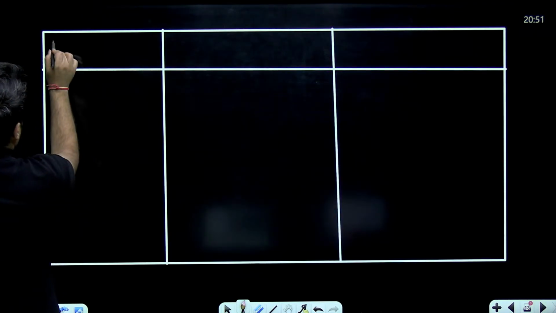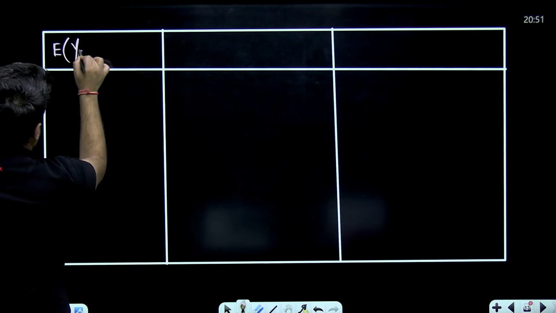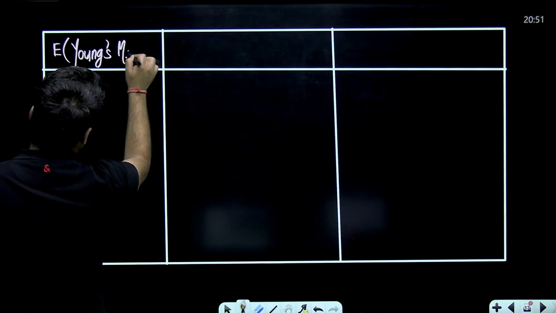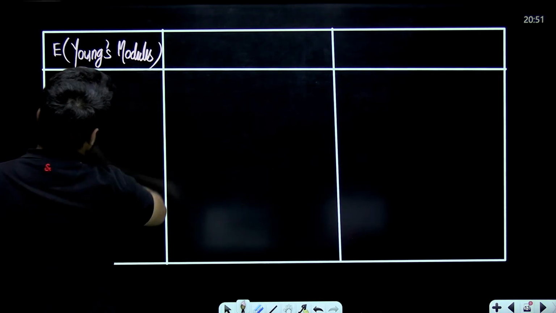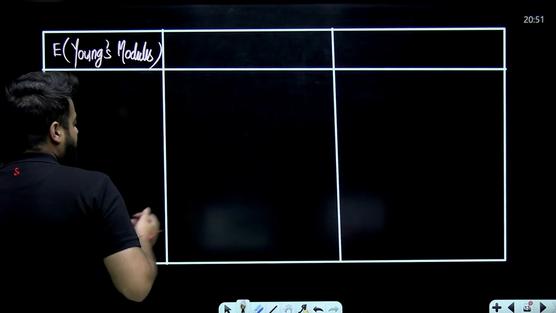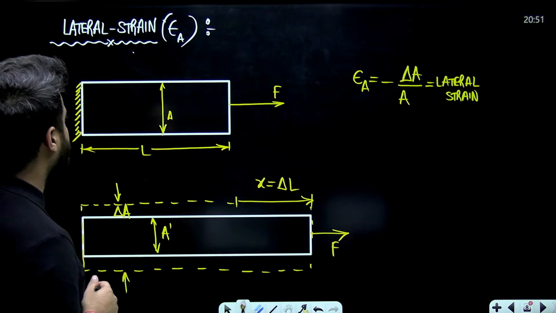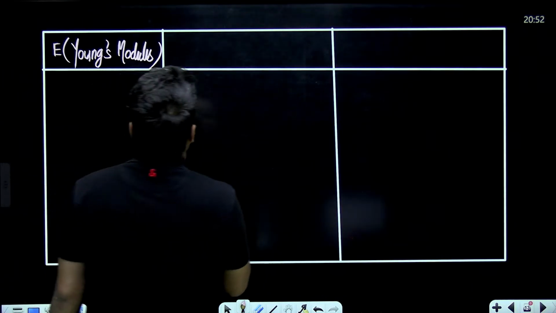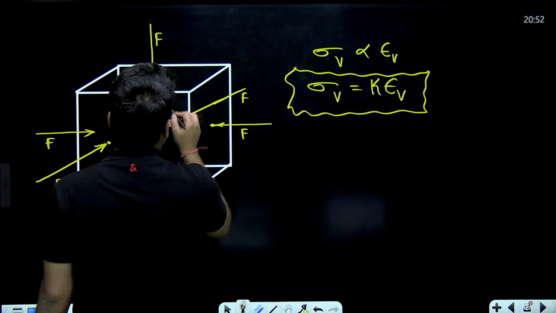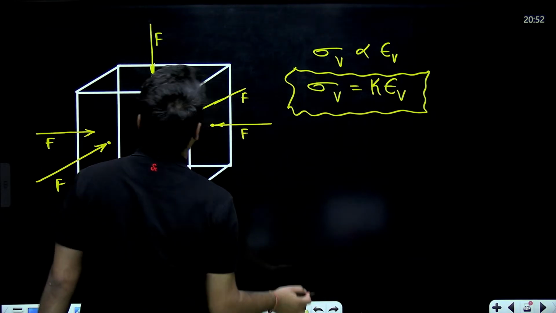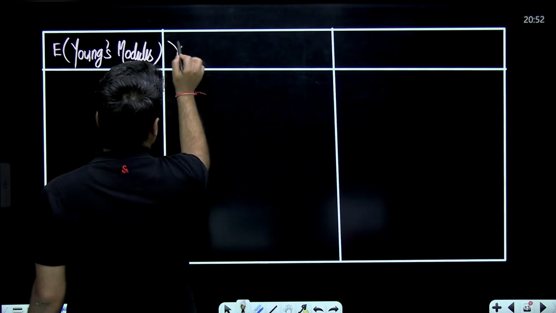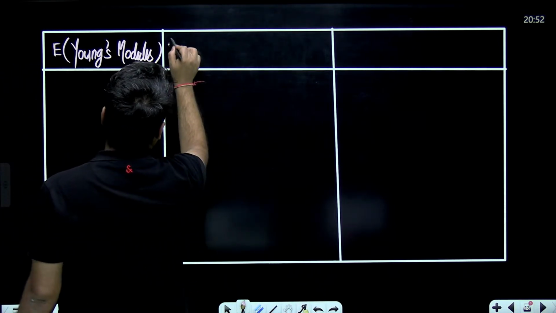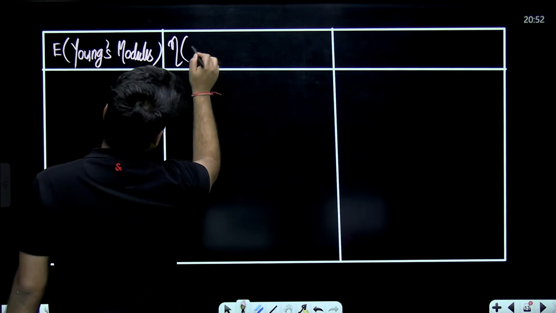The second part is from the shear stress condition, which is termed the modulus of rigidity, eta, or you can say shear modulus.